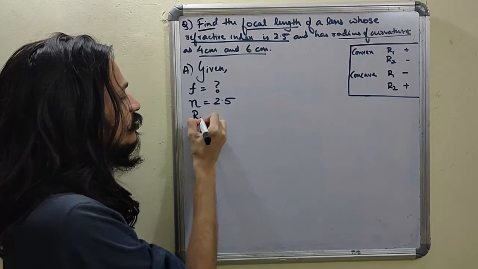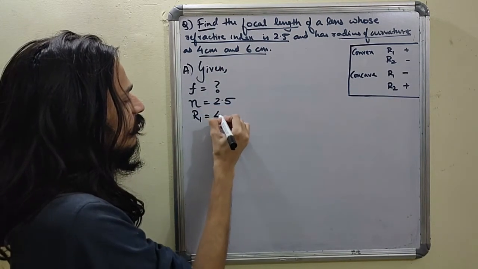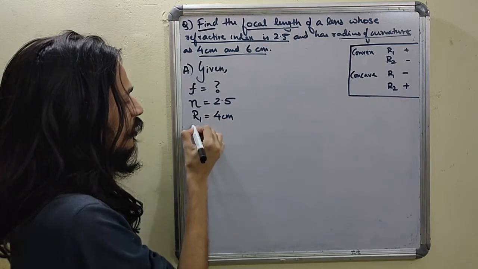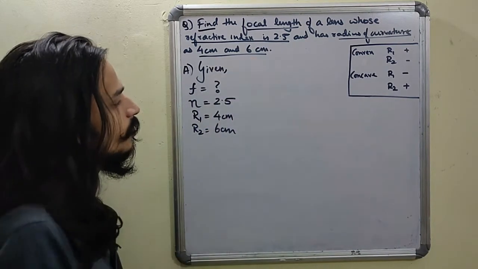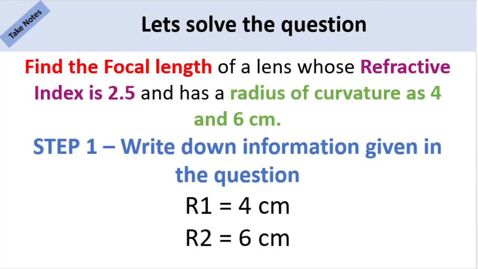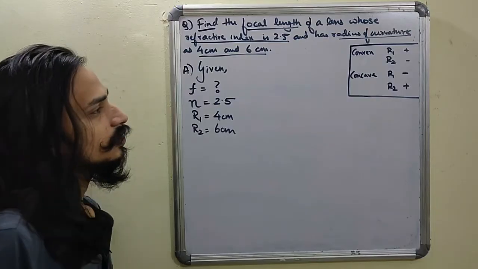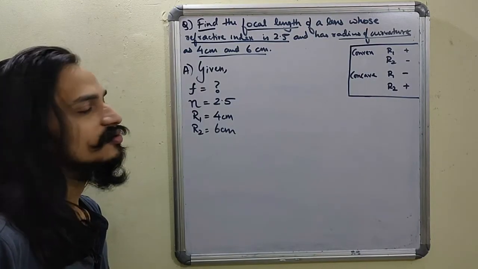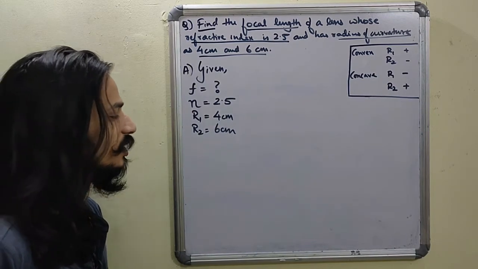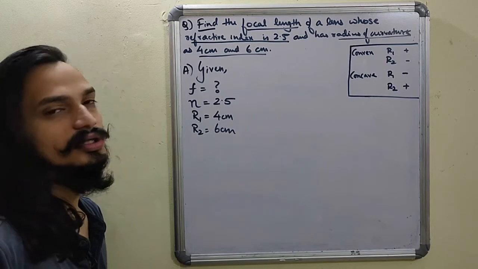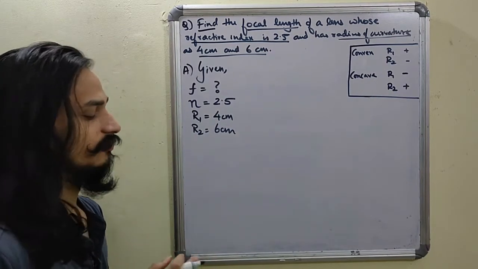So I'll just assume R1 is 4 and R2 is 6 centimeters. Now all that is left to do is we use the formula, we substitute and we solve it step by step. Keep in mind these are fractions, so you need to solve them very carefully.